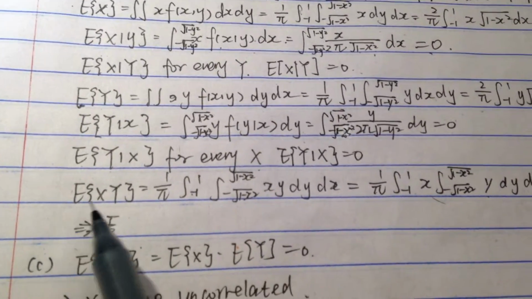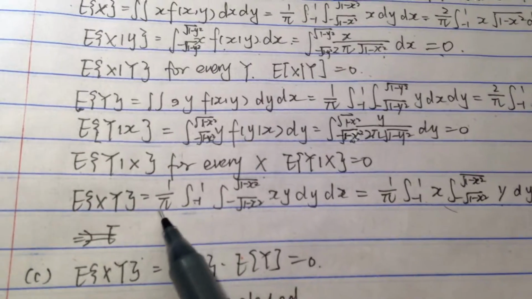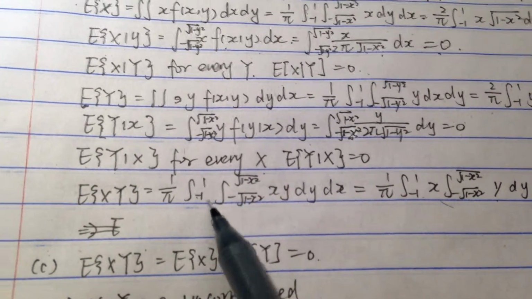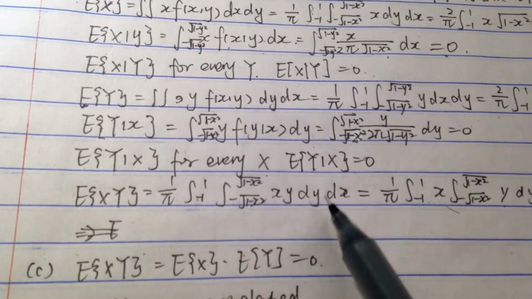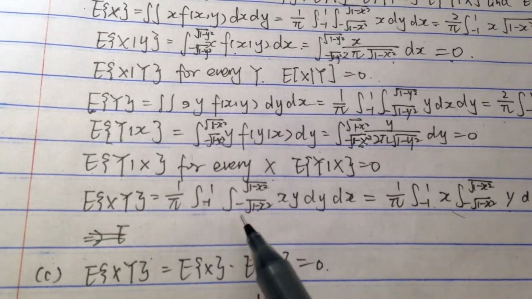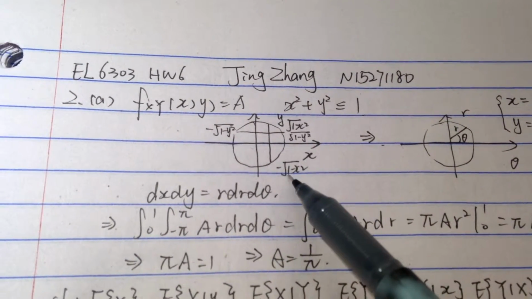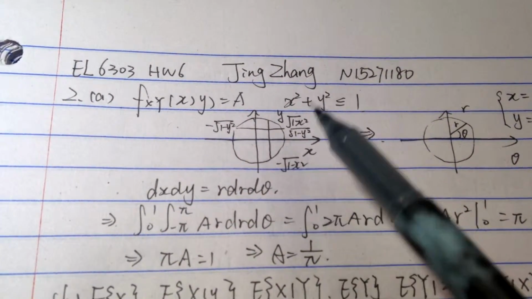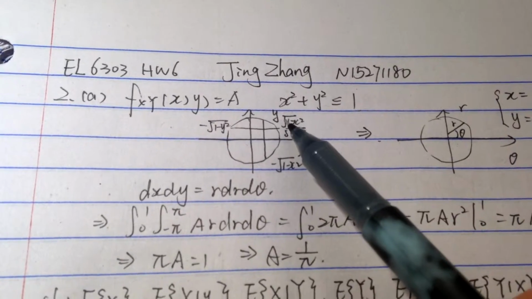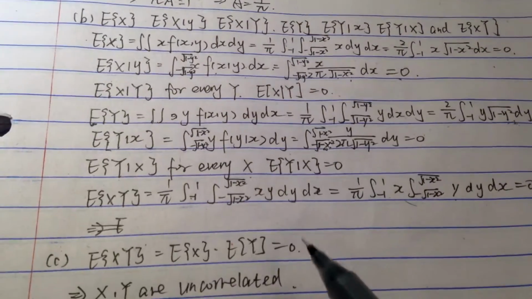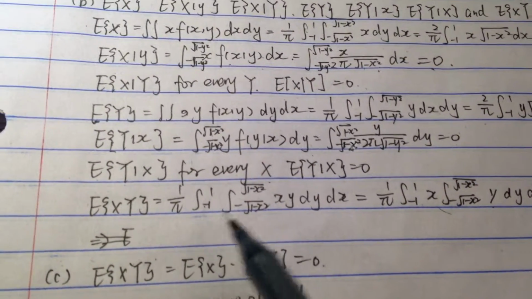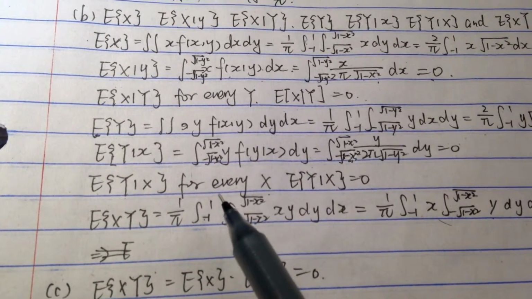The last value is E[XY], equal to 1 over pi times the integral of xy dy dx, where y is between minus the square root of 1 minus x squared to the square root of 1 minus x squared, and x between minus 1 to 1.